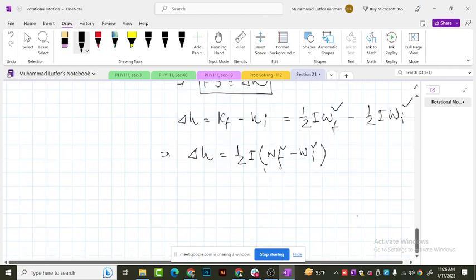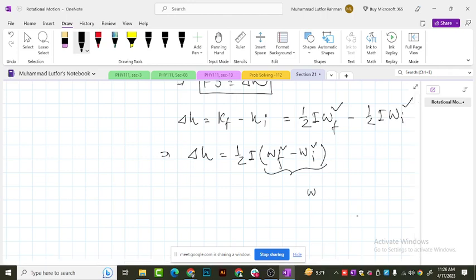Now I'll be able to write this from the law for when the system moves at a constant angular acceleration: omega f square is equal to omega i square plus 2 alpha into del theta. Right, it is exactly like the linear motion v square equal to u square plus 2ax.